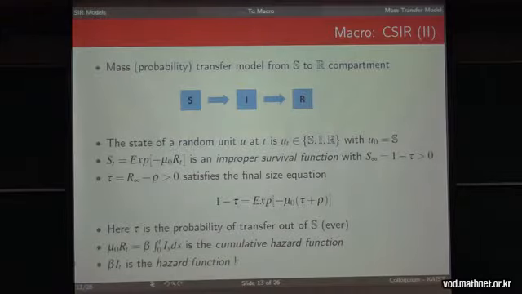In this setting it would be the final proportion of individuals who are infected, but in our setting it will be simply the probability that an individual ever gets infected or moves out of the compartment S. So the individual moves out of compartment S ever with probability tau and stays in the compartment S with probability 1 minus tau. And then conditional on the fact that the individual moved out, this ST will be a well-defined hazard function for those individuals.